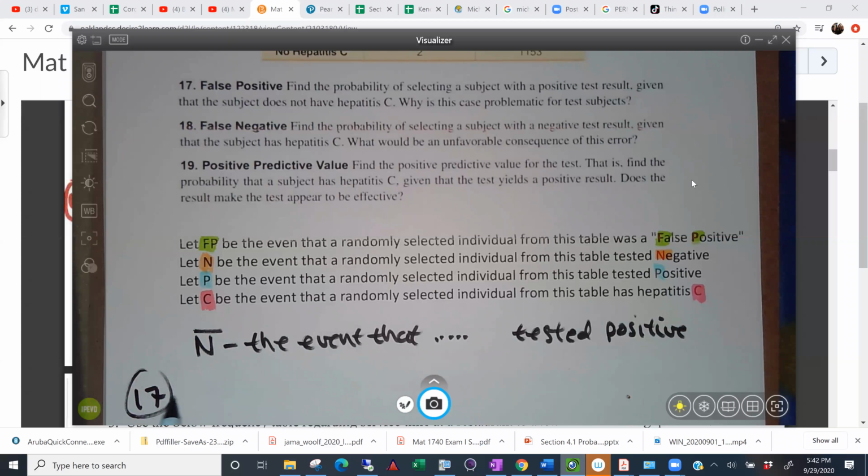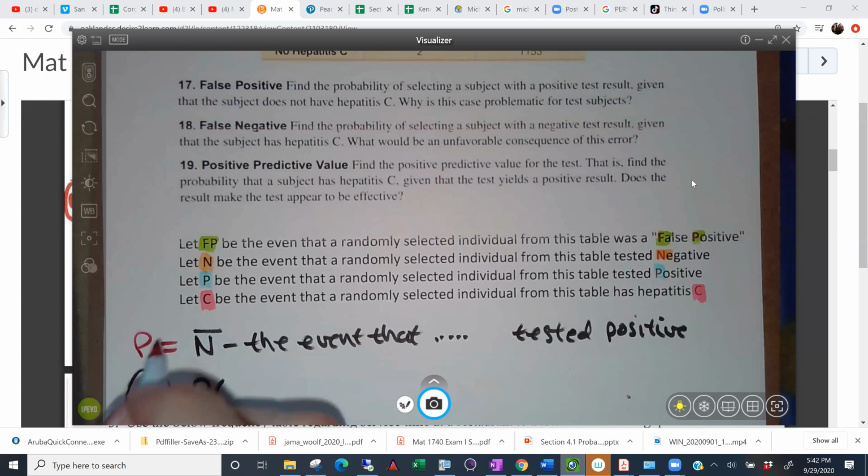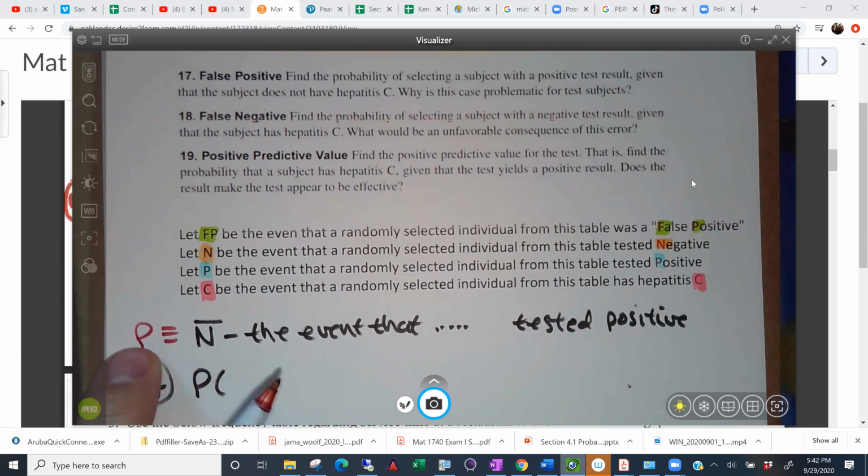They wanted to look at the probability of P. Another way to say P in this scheme of things is to call that N bar. So P and N bar really mean the same thing when we're talking about this set of data. They're equivalent. Let me put 3 equal signs there. These are equivalent, P and N bar.